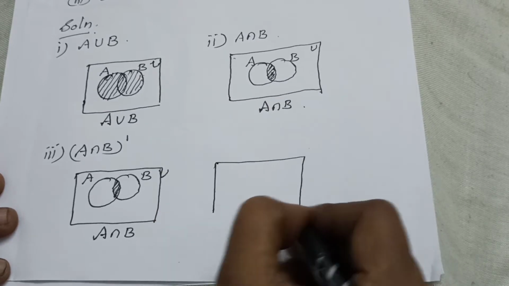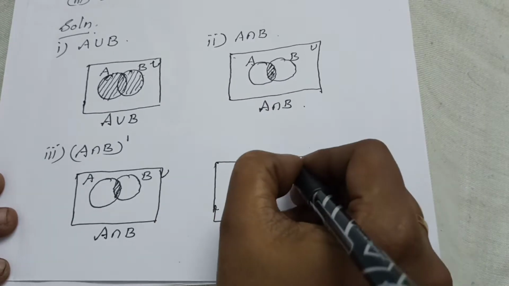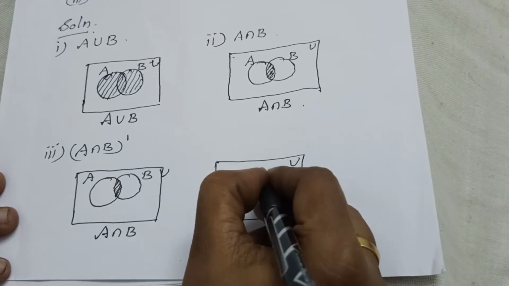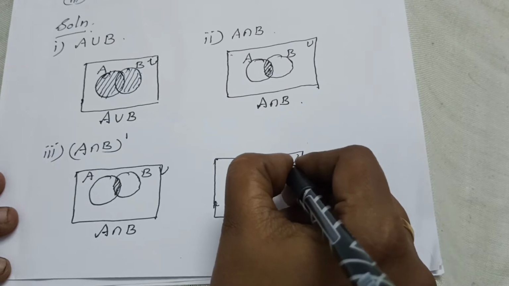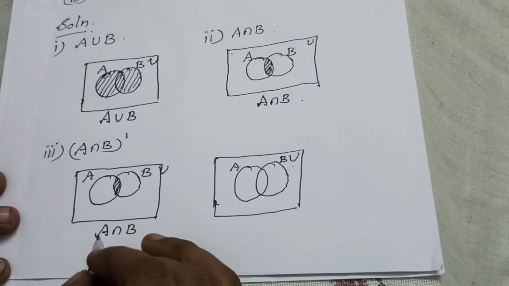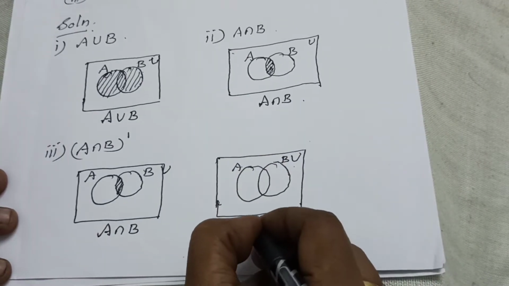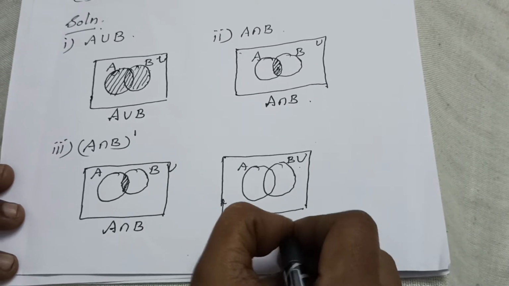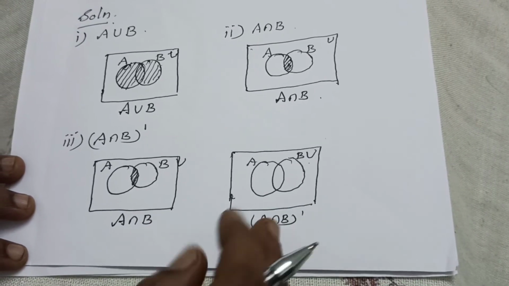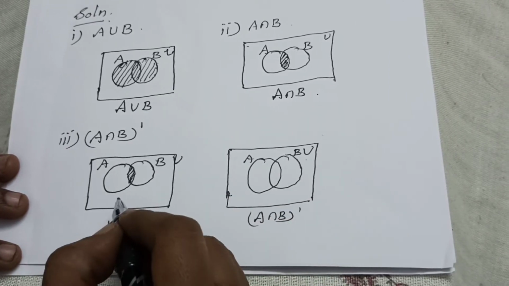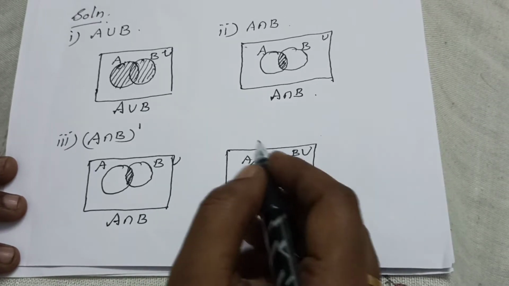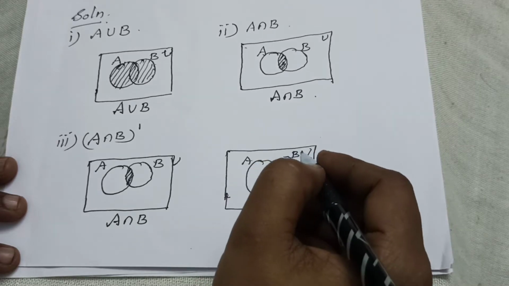A intersection B the whole dash. This is the universal set, set A, set B. A intersection B the whole dash means except this A intersection B, the remaining universal set.